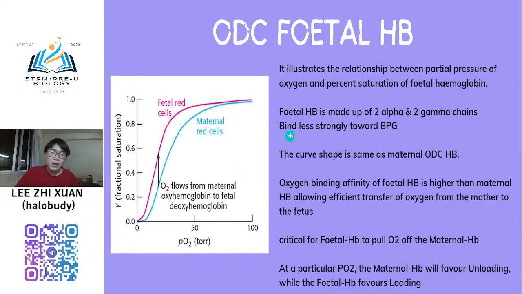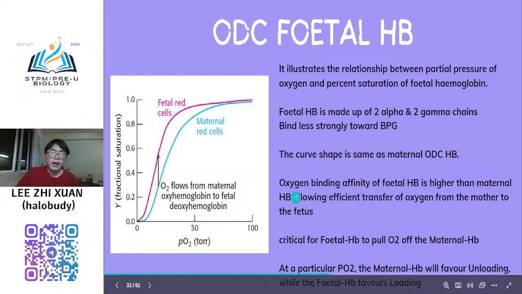Normally why does it look like this? The oxygen binding affinity of fetal hemoglobin is higher than maternal hemoglobin, allowing efficient transfer of oxygen from the mother to the fetus. Why does it want to be like this?